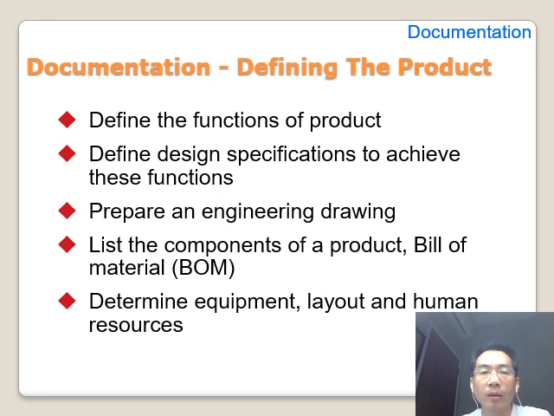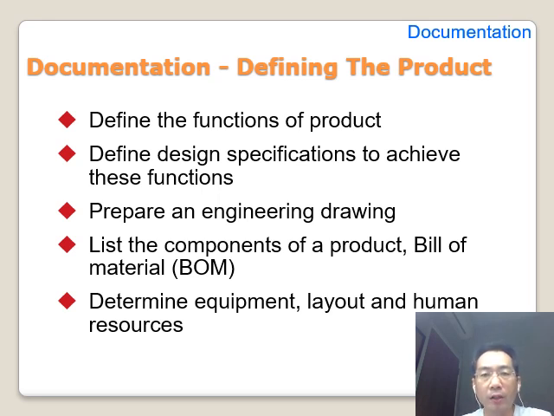Documentation. So this is the part to define the product. When you receive a new product, they will always have some instructions or a handbook for you. Inside this kind of document, you will see how they define the function of a product, and how they define the design specification to achieve their functions.